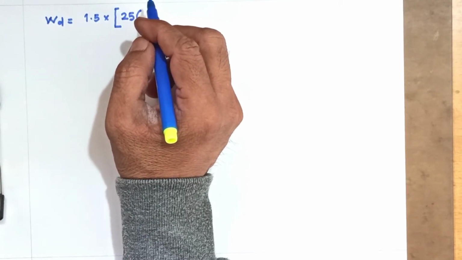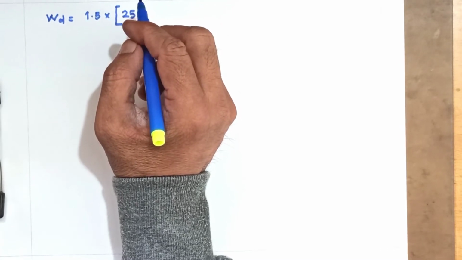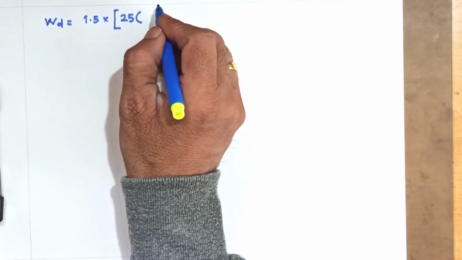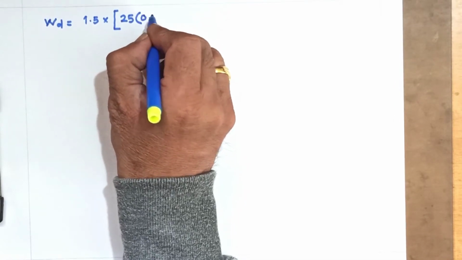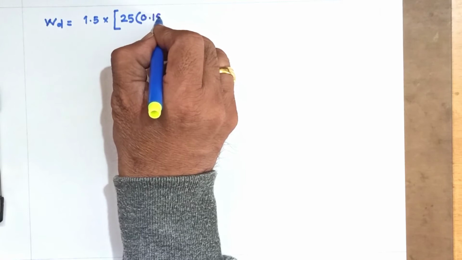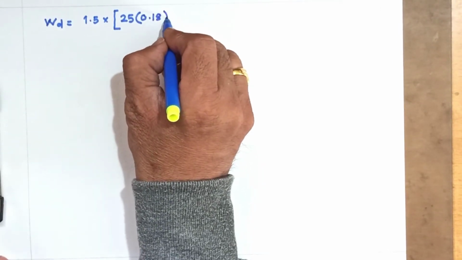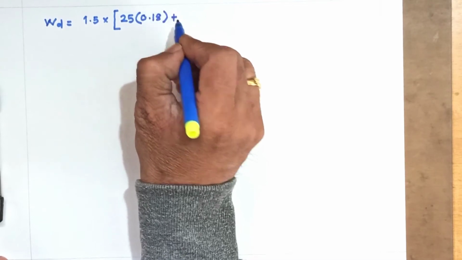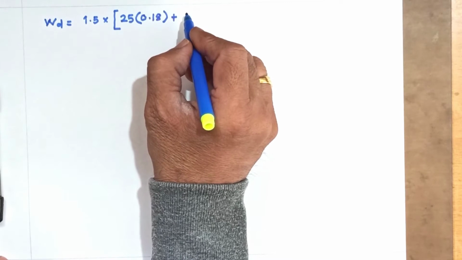Okay. What is D here? D is 180 mm. So 25 into 0.18 plus live load.